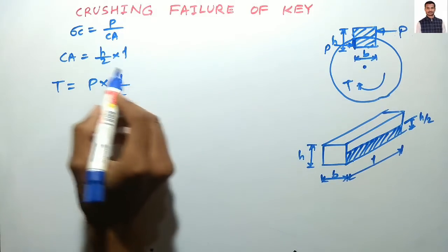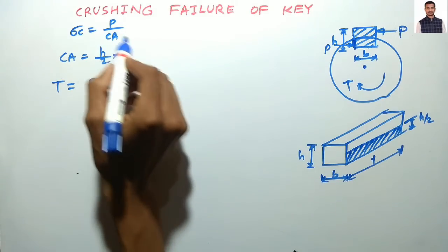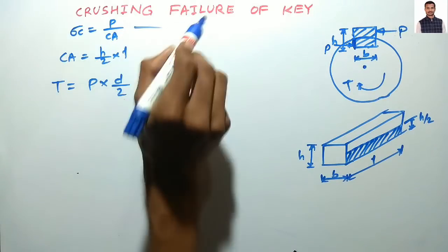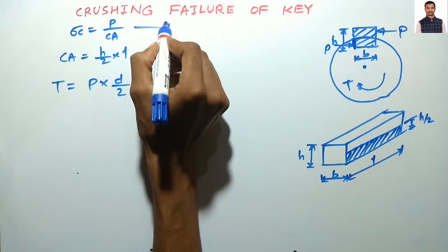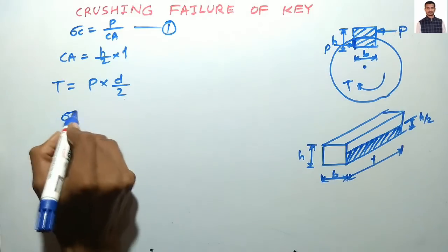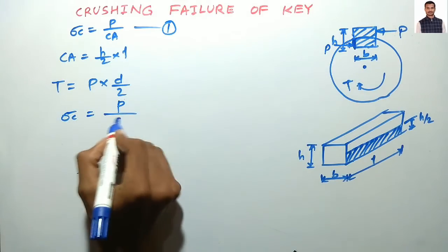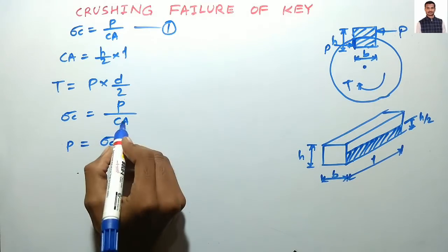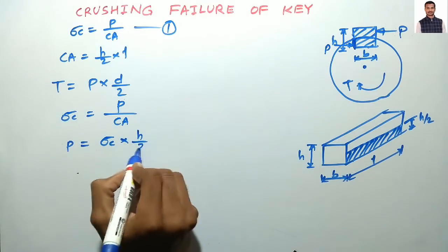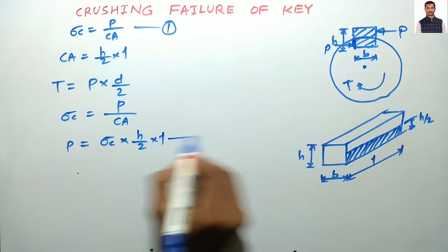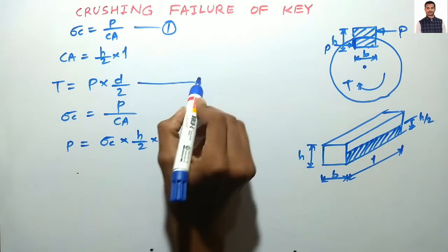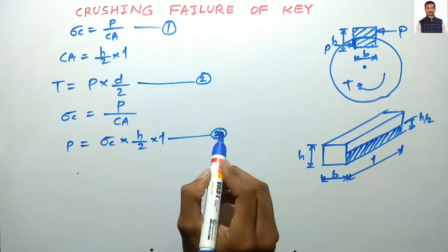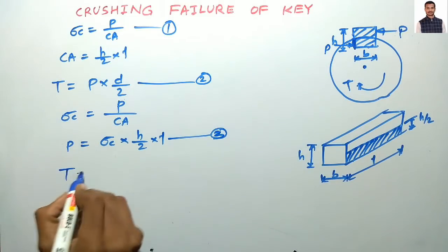Now get the value of P from this equation. So sigma C is equal to P divided by crushing area. So P is equal to sigma C into crushing area, which is H by 2 into L. Now put this value in equation 2.